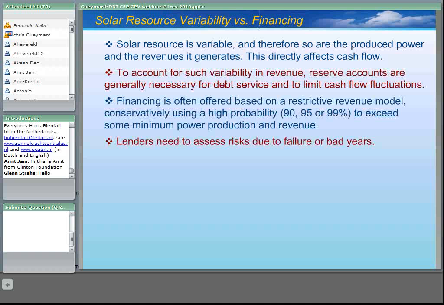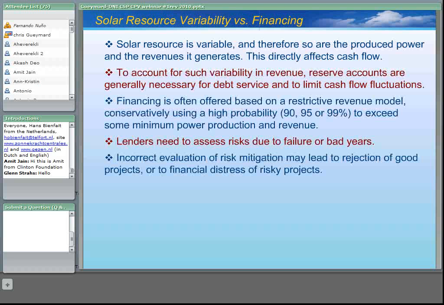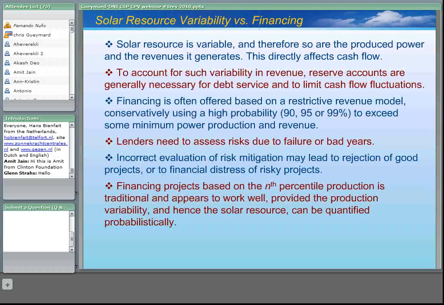They are trying to see what is the best way to obtain revenue and avoid risk. So they need to assess the risk, and that's why they require some probabilities of exceedance. The incorrect evaluation of this risk may lead to various problems. Well, in some cases, if it's not correctly made, they can reject a good project.